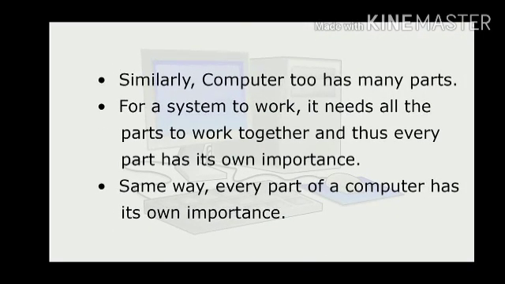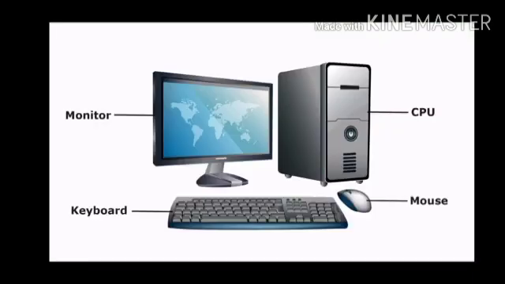For a system to work, it needs all its parts to work together, and thus every part has its own importance. Same way, every part of a computer has its own importance. Now have a look on the different parts of computer: monitor, keyboard, CPU box and mouse.